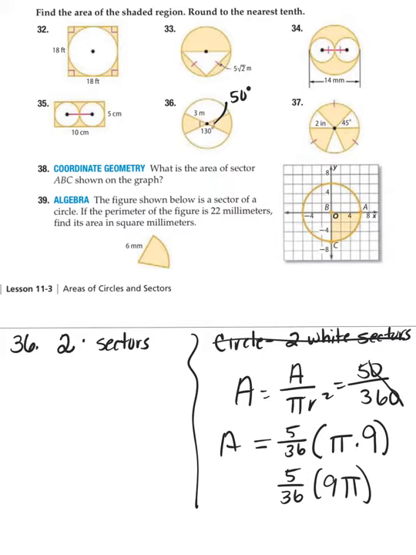Okay, so one of those sectors is 3.9, or 3.93. So when I double 3.93, 3.93 times 2 then, rounded to the nearest 10th, is going to be 7.9. And this is again in meters.